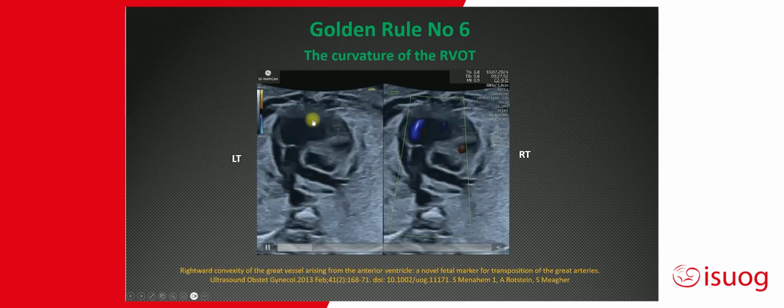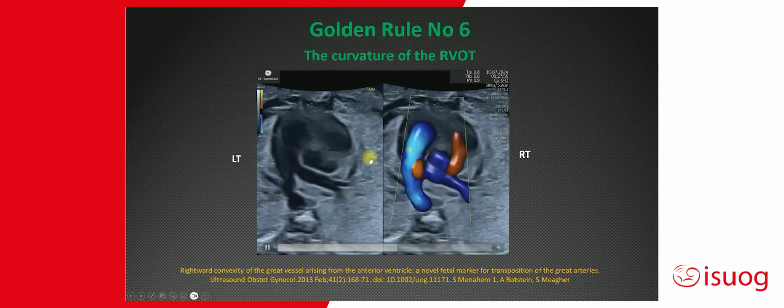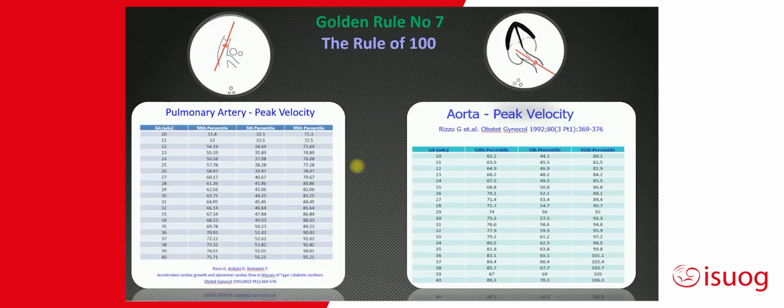So this is the pulmonary artery with the normal curvature coming out of the right ventricle, whereas in TGA it comes out with a reverse convexity to the right, comes out like this. So understand, by using split imaging of a 4-chamber and a right ventricular outflow tract, you will automatically recognize when the curvature of the vessel coming out of the right ventricle is reversed, TGA.